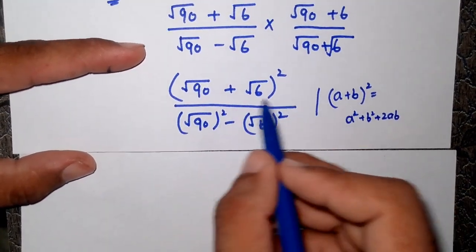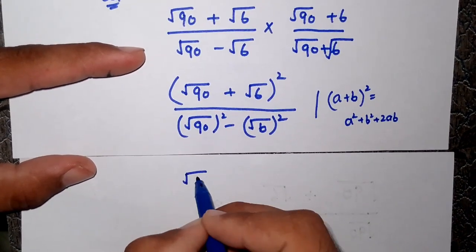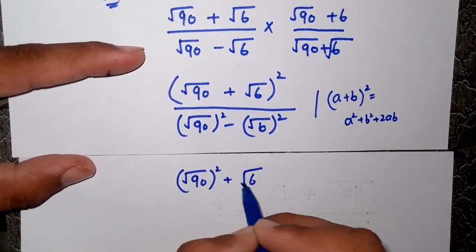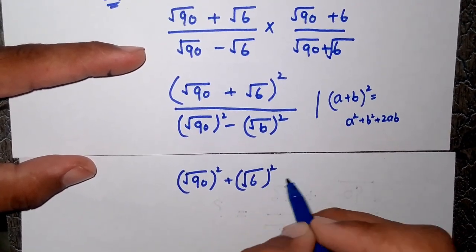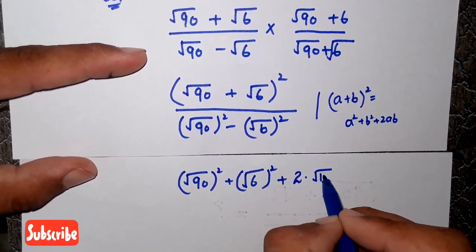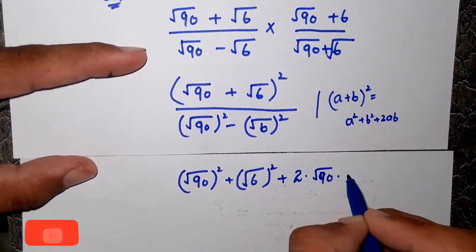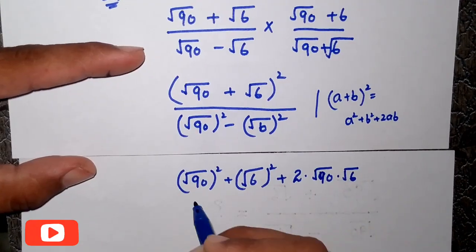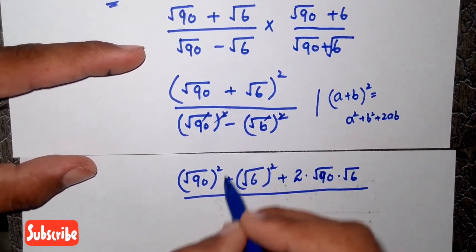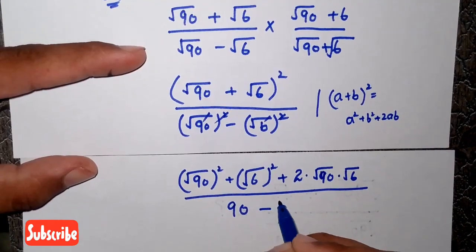So applying this identity, this will become square root of 90 square plus square root of 6 square plus 2 times the square root of 90 times the square root of 6, over, here this 2 cancels the square root and this 2 cancels the square root, so here 90 minus 6.